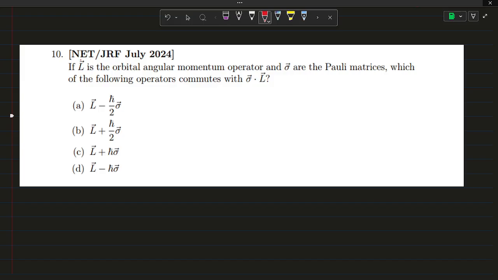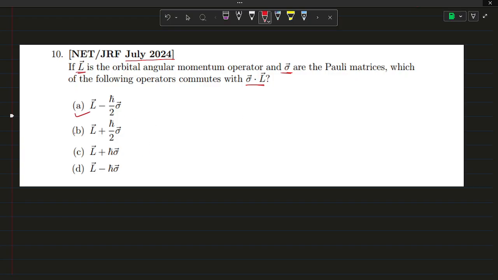Now let's solve the last question of this topic, commutator. This question was asked in July 2024. The question is, if L is the orbital angular momentum operator and sigma are the Pauli matrices, which of the following operators commute with sigma dot L?